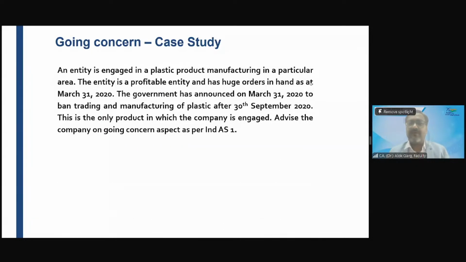So let's discuss this case study. An entity is engaged in plastic product manufacturing in a particular area. The entity is a profitable entity and has huge orders in hand as at 31st March 2020. The government has announced on 31st March 2020 to ban trading and manufacturing of plastic after 30th September 2020. This is the only product in which the company is engaged.